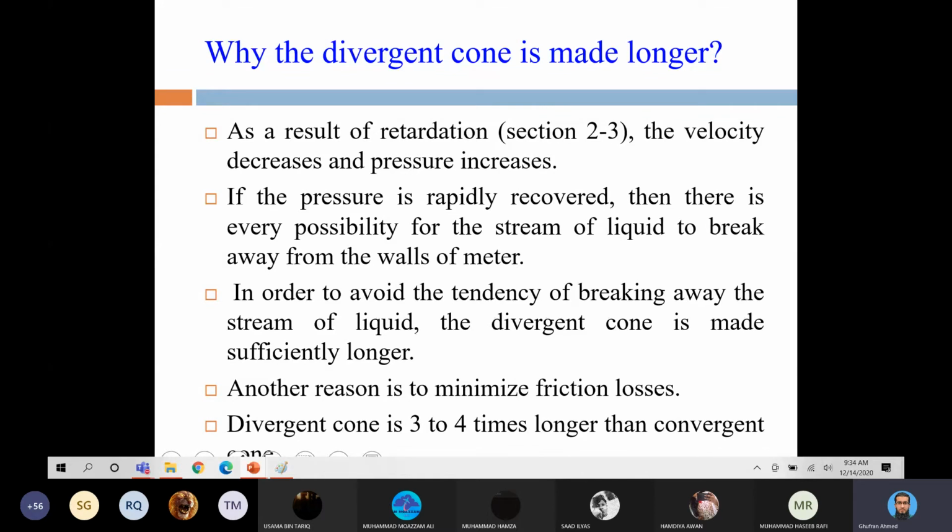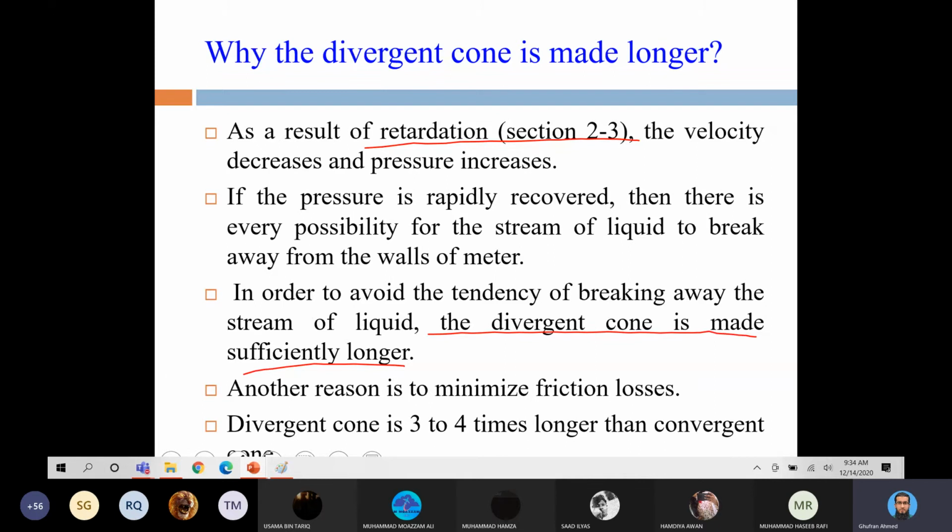As a result of retardation, the velocity decreases and pressure increases. So if the pressure is rapidly recovered, then there is every possibility for the stream of liquid to break away from the walls of the meter. In order to avoid the tendency of breaking away of the stream of liquid, the divergent cone is made sufficiently longer.